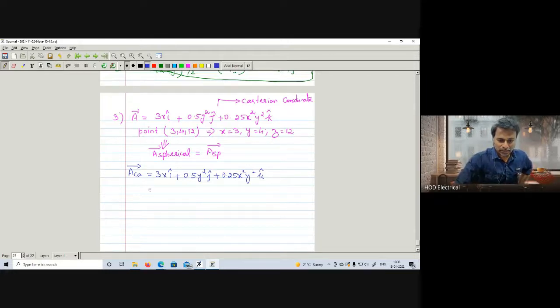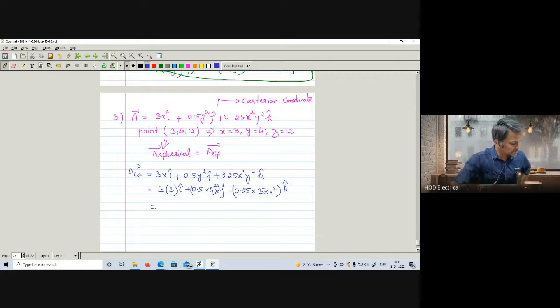Therefore, we can write 3 into 3 i gap plus 0.5 into 4 square into j gap plus 0.25 into 3 square, 4 square into k gap.